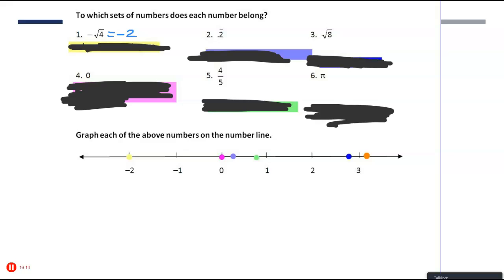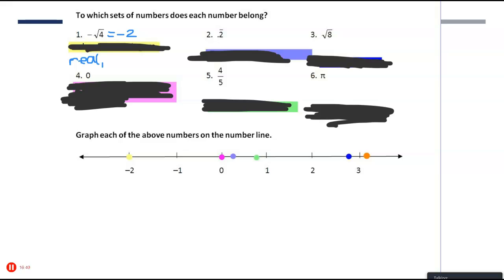And it says, to which sets of numbers does this belong? Well, for now, every number we talk about belongs to the real numbers. So get yourself a free point and put down real. Is this number pretty or messy? It's pretty, right? So it's not irrational.